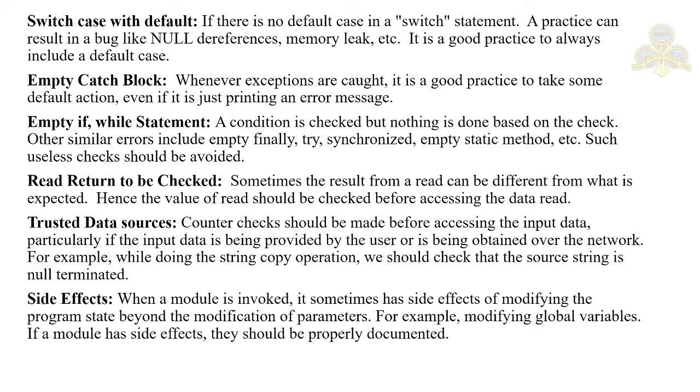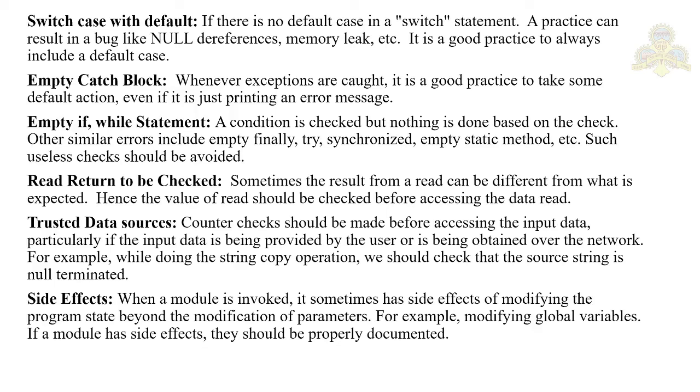The next one is trusted data sources. Checks should be made before accessing the input data, particularly if the data is provided by the user or obtained over the network. For example, while doing a string copy operation, we should check that the source string is null terminated or that the size is what we expected.